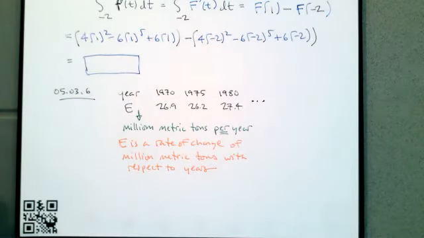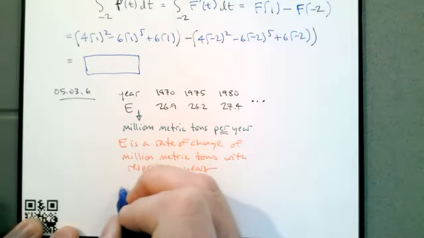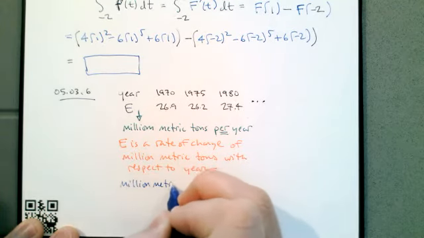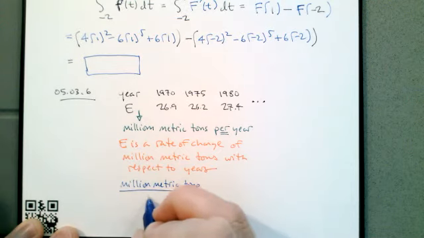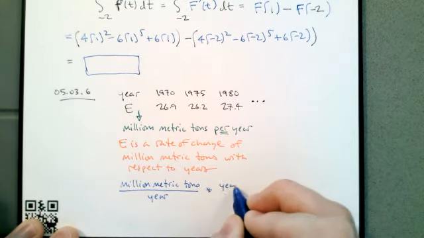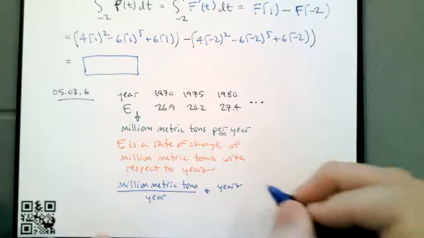If we take units that are million metric tons per year and multiply by the years, the years cancel out and we're just left with million metric tons. So integrating will tell us million metric tons.